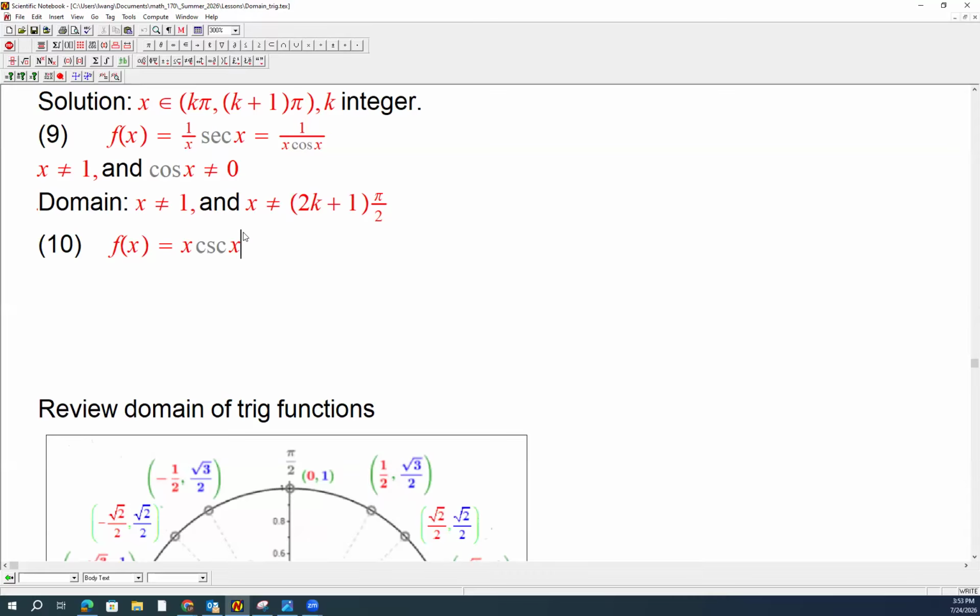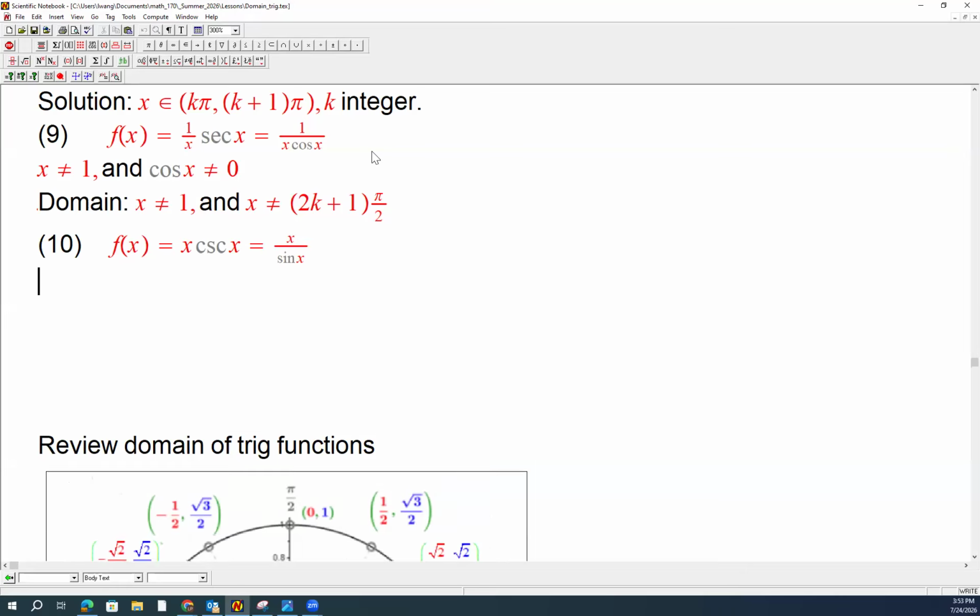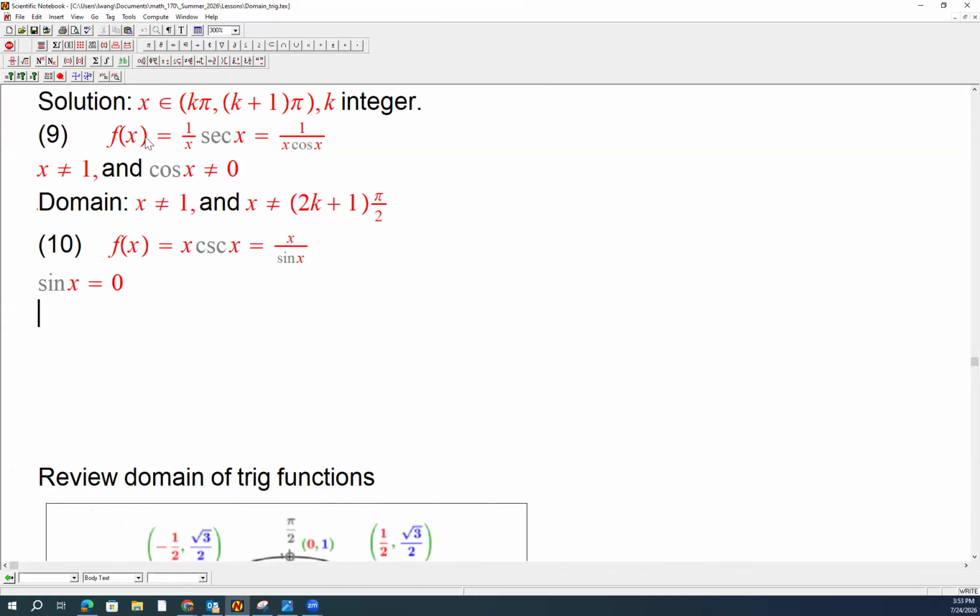The last one we have is cosecant, because we can see this as x over sine x. Sine x cannot be 0. When sine x equals 0, x is k pi.